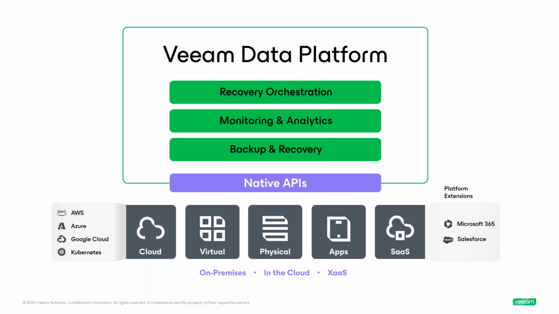It is included in the advanced edition package. The third one, the recovery orchestration, which is our premium package, includes all three products: the Veeam Recovery Orchestrator, the Veeam One product, as well as the Veeam Backup and Replication server.